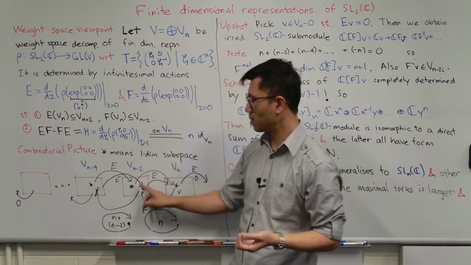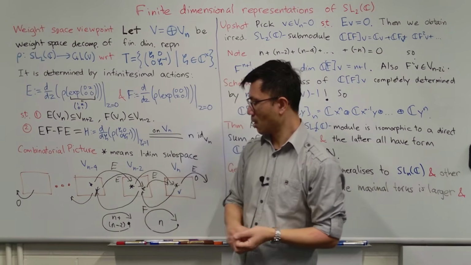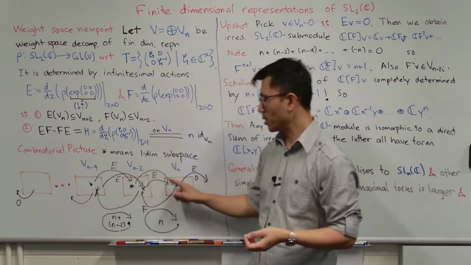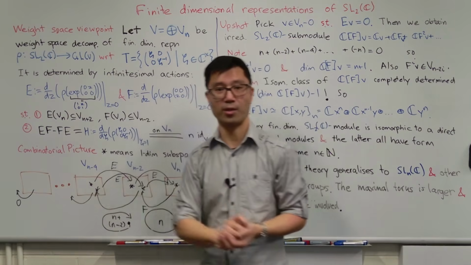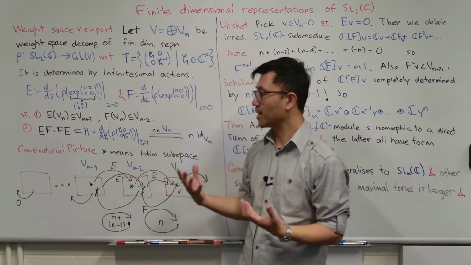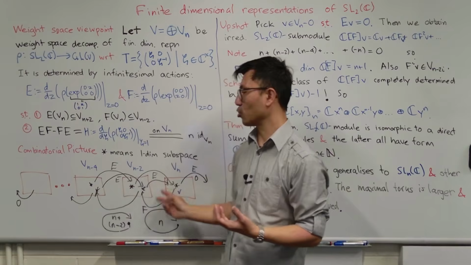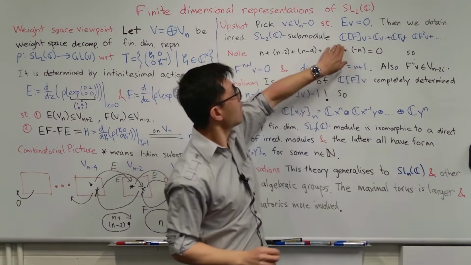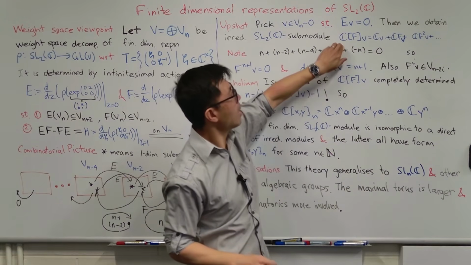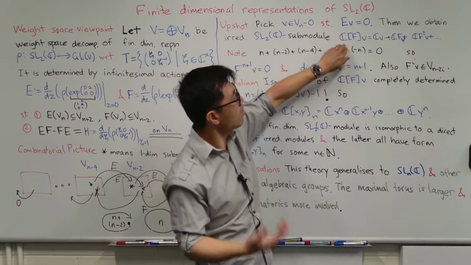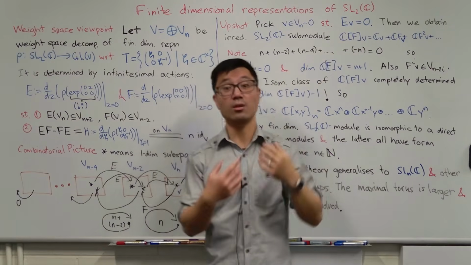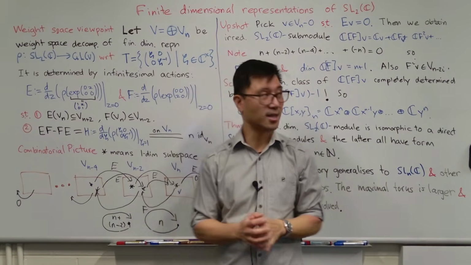Maybe this one here. Let's just suppose it has this one here. Well, if it has this one here, when you apply e to it, you'll get this one here, and then you'll generate the whole thing. So that means that, in fact, any non-zero submodule of this module is going to be all of this. So it's irreducible, in fact.